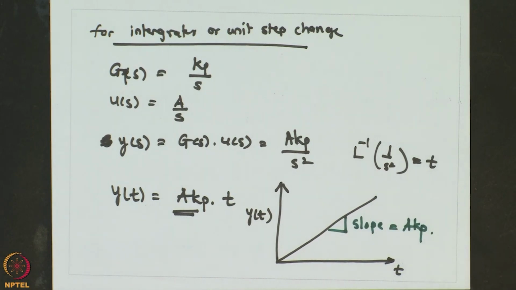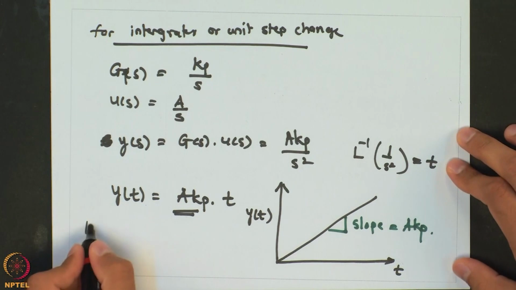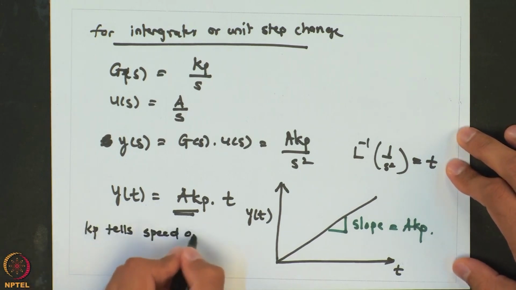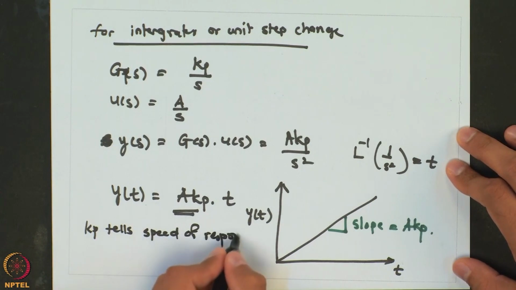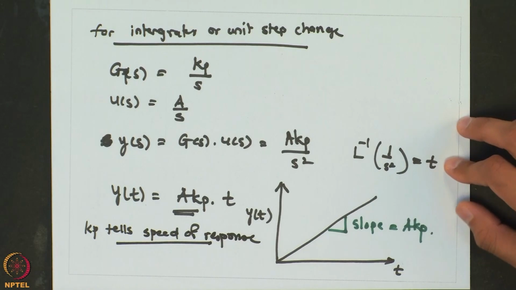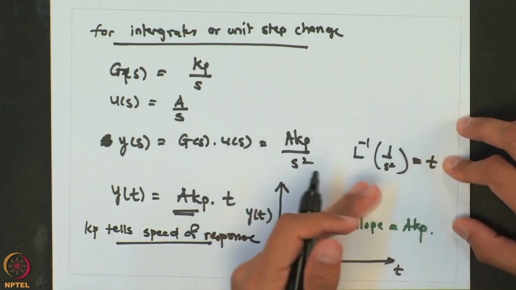So, in this case Kp tells me about the speed of response. Larger the value of Kp, larger will be the slope, and the faster will be the system reaching its ultimate value, which in this case is the physical limitation on how much the output can change.